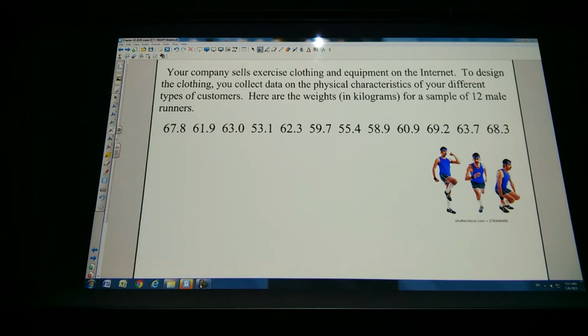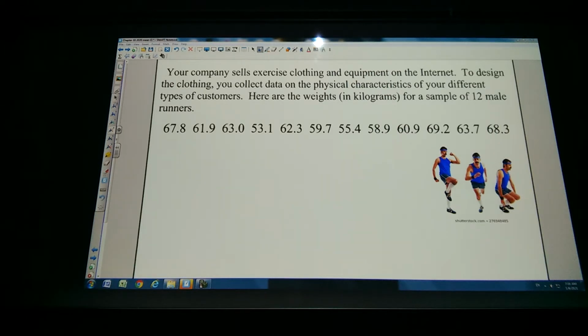So here's the problem. Your company sells exercise clothing and equipment on the internet. To design the clothing, you collect data on the physical characteristics of your different types of customers. You just want to gain information.